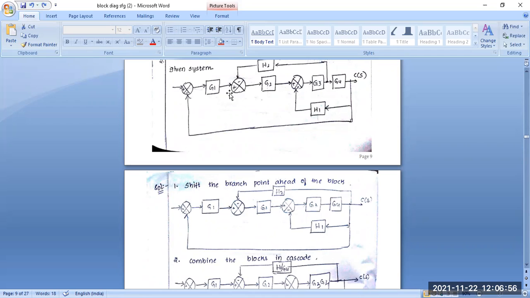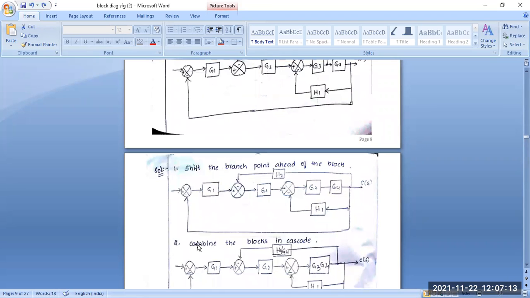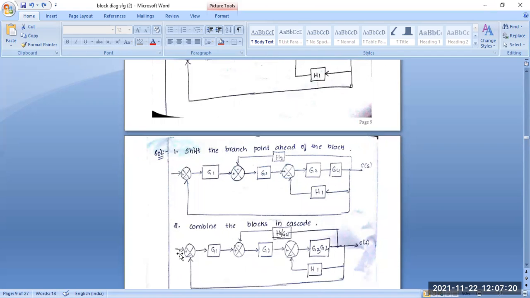I will decrease the size so you can see the previous and the next figure. This is the problem figure, and these are the same pictures. Now we first combine the G3 and G4 blocks in cascade, and the other part stays the same: G1, then the summing point, then G2, then the combined G3 and G4.